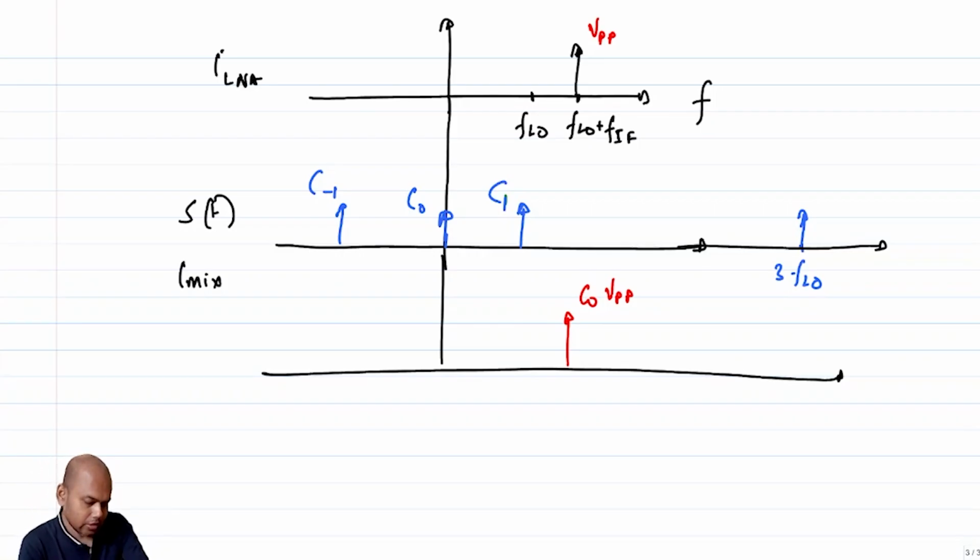Then this will convolve with C1, and it will create a tone at 2 F_LO plus F_IF.